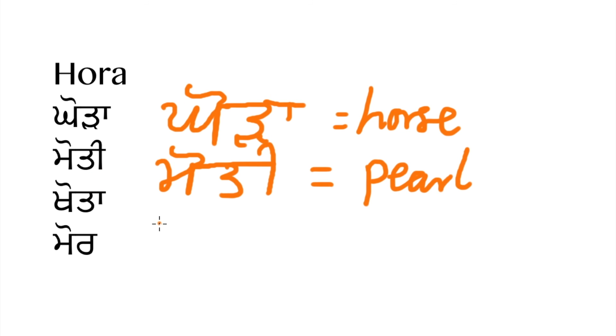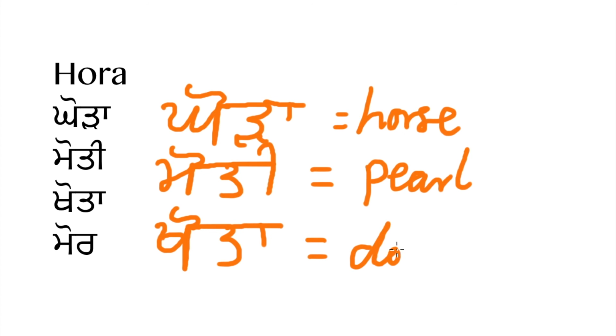Next we have a Kaka, a Hora, a Tatta, followed by a Kanna, which gives us Khota, which means donkey. So if you have any Punjabi friends and you want to have a joke with them or insult them, call them a Khota, and you just call them a donkey.